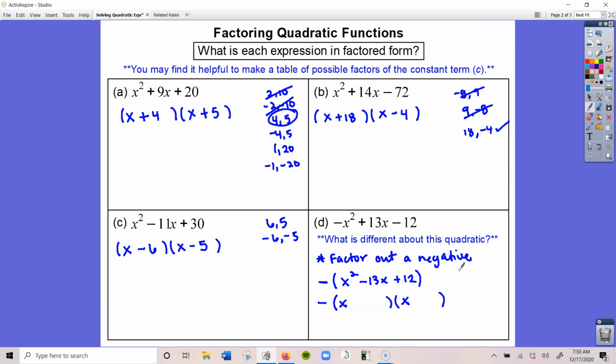But negative 4 and negative 3 give me negative 7, so it's not that. However, to get positive 12, we can also multiply negative 12 and negative 1, which would add to give me negative 13. So we would say negative on the outside, x minus 12, x minus 1. And this would be my completely factored form of that quadratic.